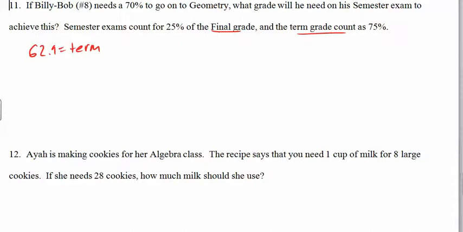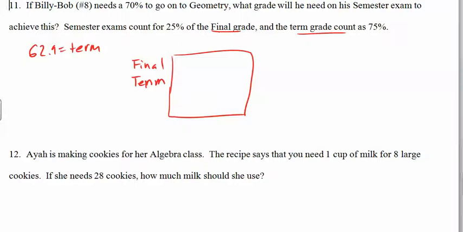They need to be counted more or less importantly than each other. And so if you want, you can set up your chart. Okay, we've got the final grade. This really is just a mixture, right? We are mixing together the final grade and the term grade. That is an R, by the way. We've mixed together the final grade and the term grade, and we get our semester average, right?